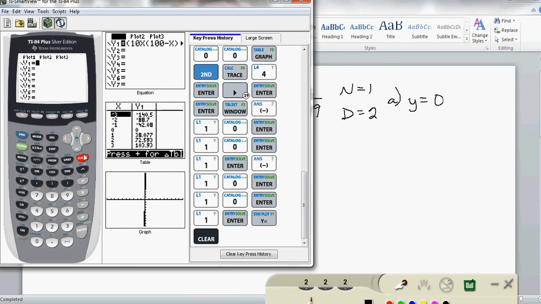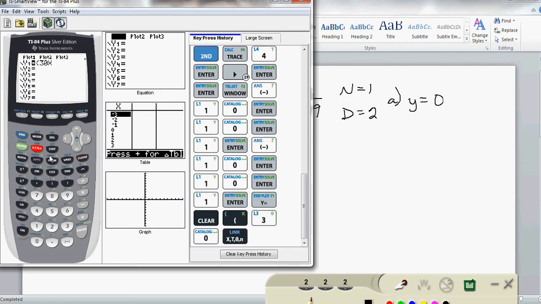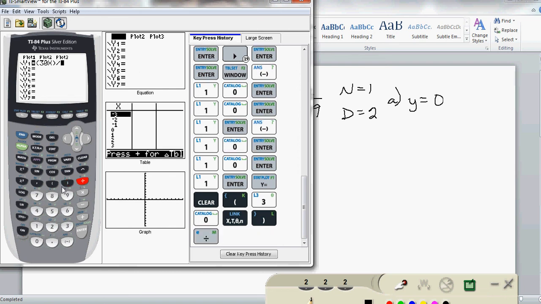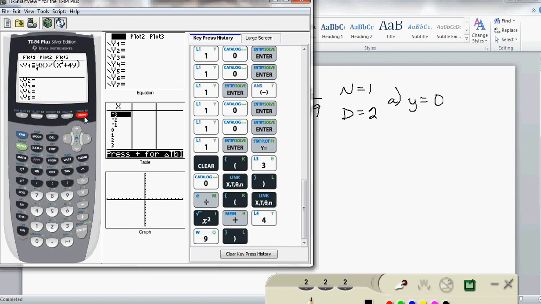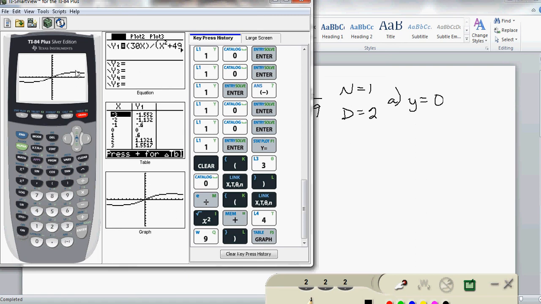Clear out what I've already graphed, and then I need the whole thing, 30t, well, we put in x, doesn't matter, divided by the whole thing, which is x squared plus 49. Then graph that. Hopefully I'll see a maximum here. Oh, it looks like I've got a maximum about right here.